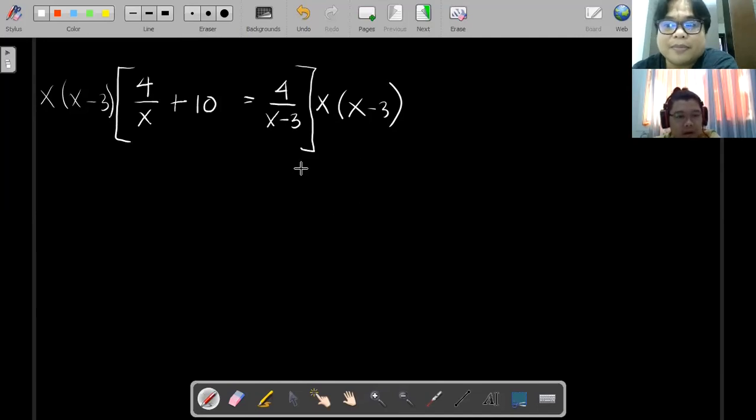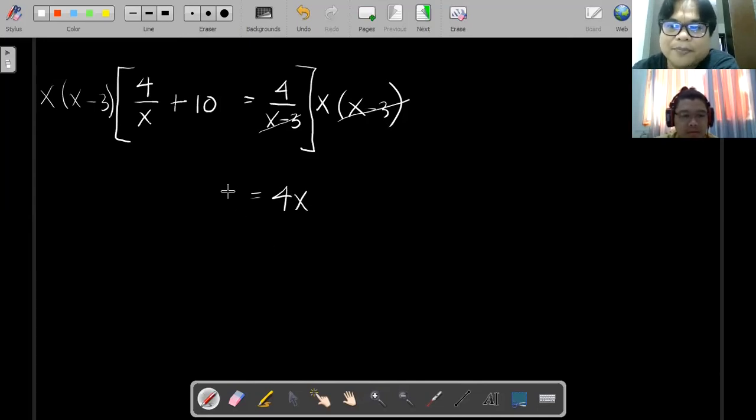Okay? So what happens next? This entire thing is multiplied by this one. Since both terms have a common x minus 3, you can cancel this one out. What you will have left is 4x, meaning 4 times x.